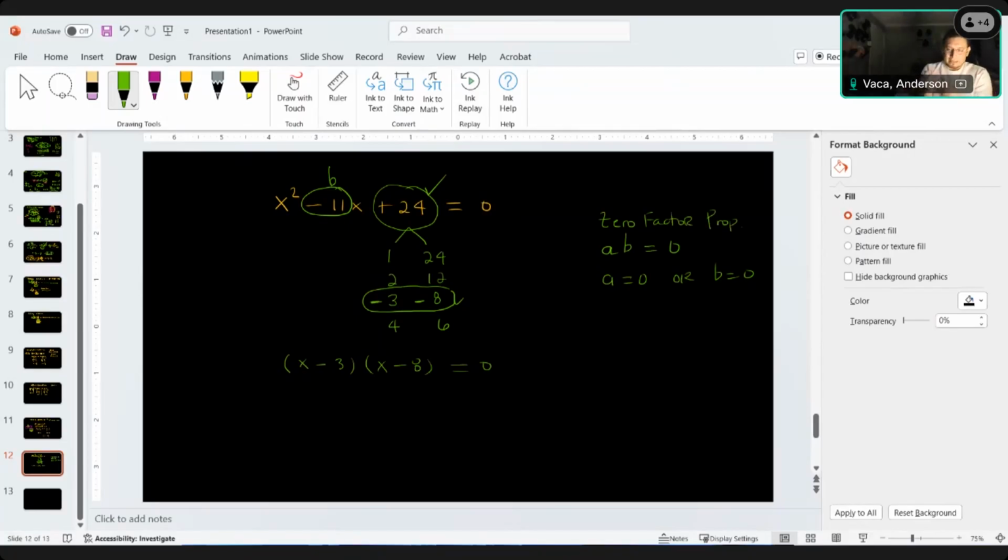That's the name of it. So here we apply the zero factor property, which says that either this is equal to 0 or that is equal to 0. And hopefully from here, it shouldn't take that long to get the solutions. Bam, there it is: 3 and 8.